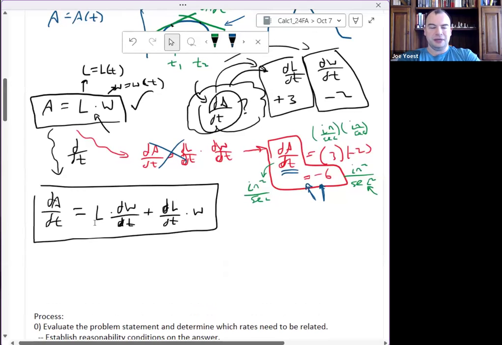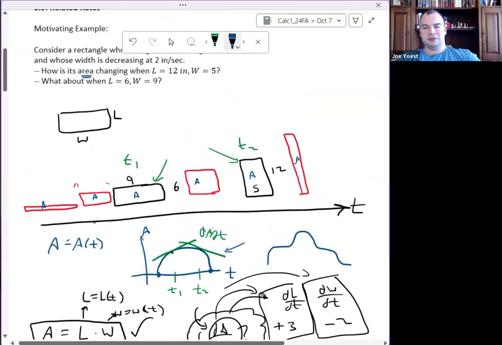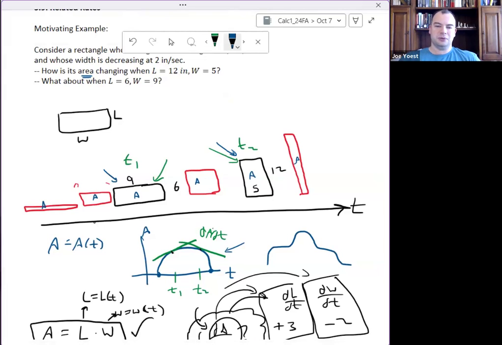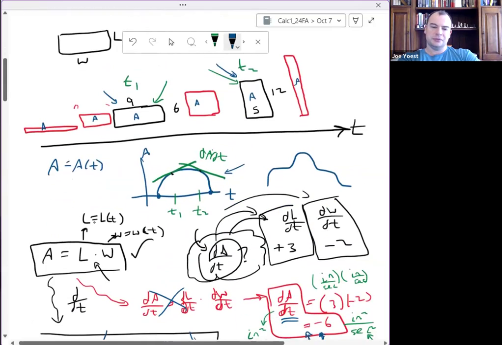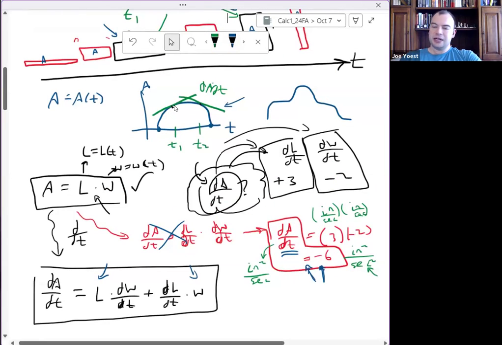Now I do see an implicit dependence on time through the presence of L and W. When I have different values for L and W, I'm at a different point in this movie, this progression of the change of the rectangle. So I expect dA/dt to change over time because of the L and the W here.